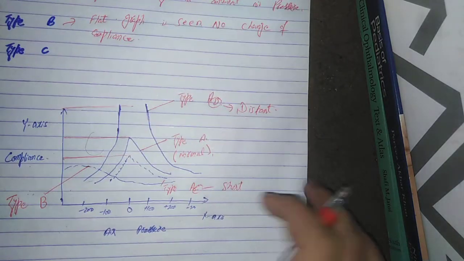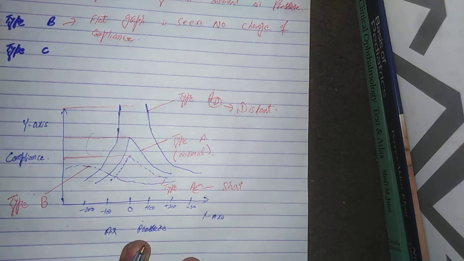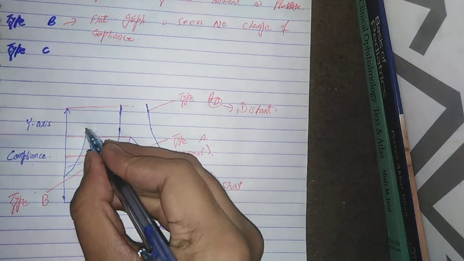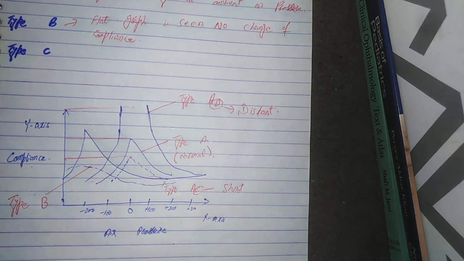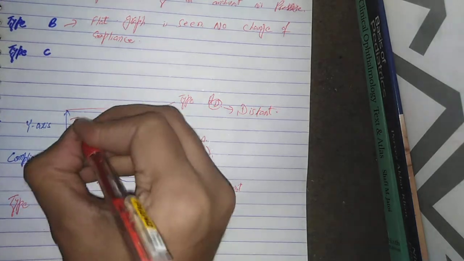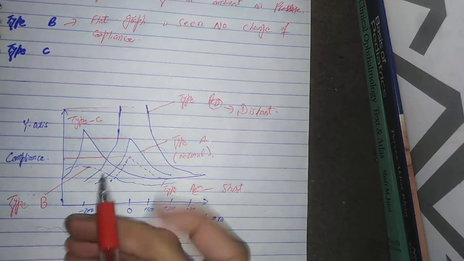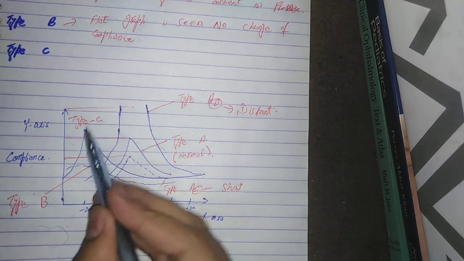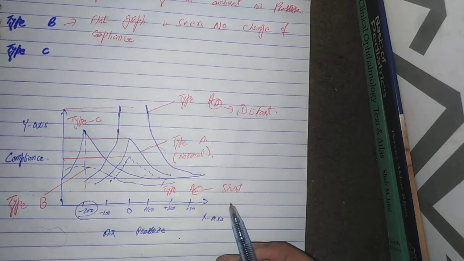Now I will discuss the final type of tympanogram, which is type C. This is called type C. Here you can see the compliance is maximum at negative pressure. You can see the tip, I draw it below, and see there is negative 200, not on the positive side.